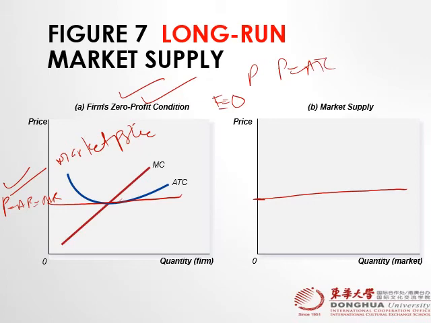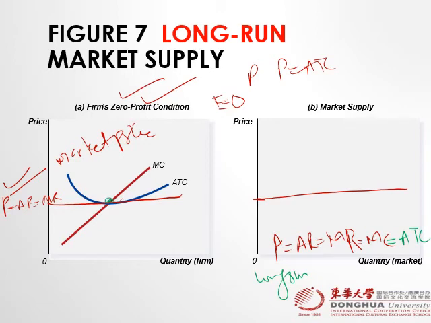Why? Because we know that the profit maximizing condition for the competitive firm is that price is equal to AR is equal to MR is equal to MC. But due to its long run nature, let me just write it down here, long run, one more thing is added: average total cost, right? So MC should also be equal to ATC.